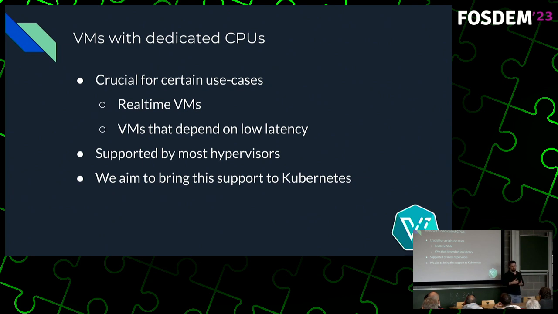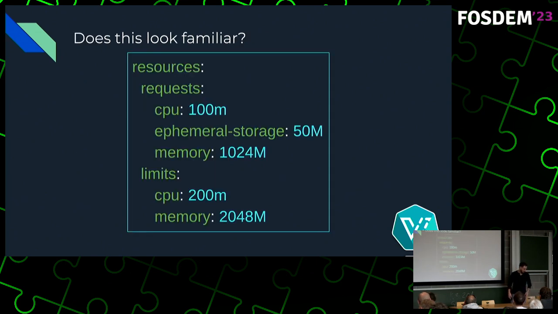If we context switch this workload out, then it would take more time, because once the condition becomes true, it would take time to context switch back, and only then the VM could react. So this is very crucial for some use cases. Also, it's supported by most hypervisors, and it's a pretty standard feature. And we aim to bring this also to Kubernetes.